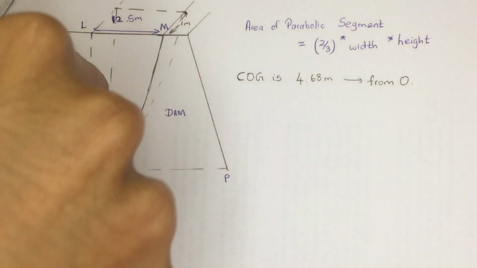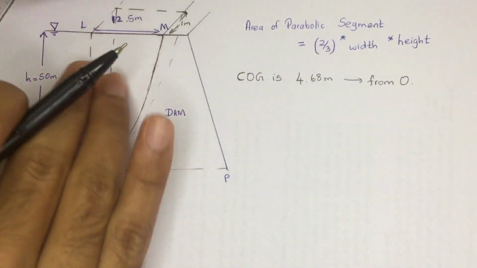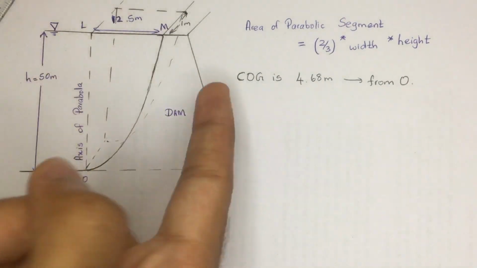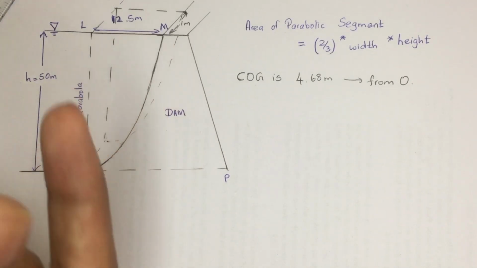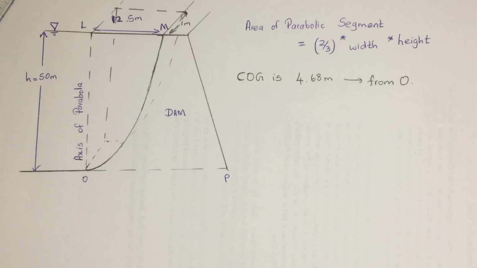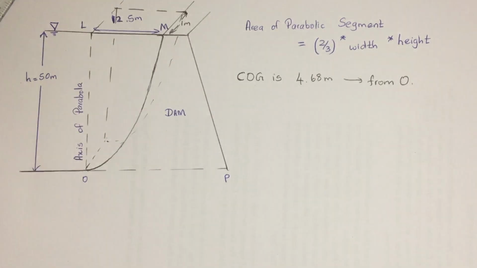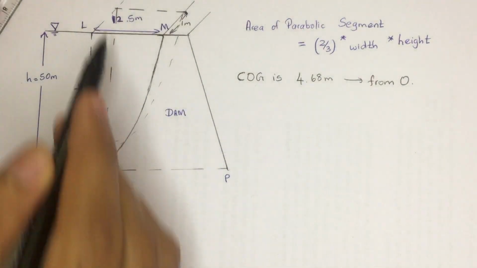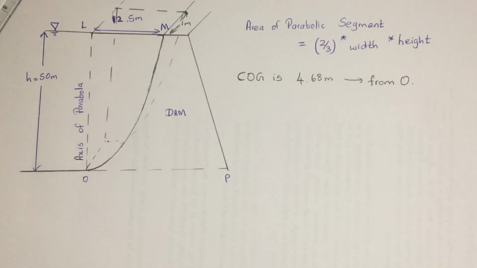So we don't need to figure it out, because it's going to be the same for this length. Out of the paper and inside the paper, the same force is acting on both sides, in opposite directions with the same magnitude, so they are going to cancel out. So we are going to consider the horizontal direction and the vertical direction in this side. We don't need to consider out of the paper and inside the paper.